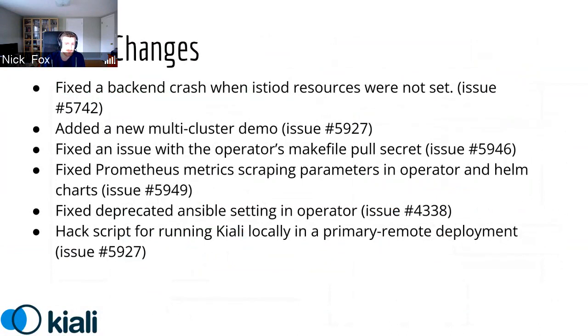There's an issue with the operator's makefile pull secret that got fixed. There's a fix for Prometheus metric scraping in both the operator and Helm charts, thanks to the community user that contributed that. There's a deprecated Ansible setting that got fixed, and there's also a hack script for running Kiali locally in a primary-remote deployment.